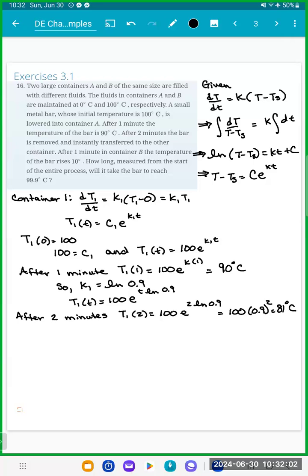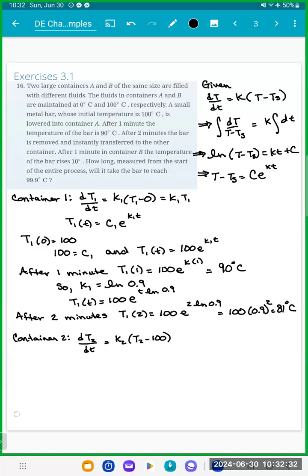Okay. Now let's look at container number 2. In container number 2, so that is dT sub 2 over dt is equal to K2 times T2 minus 100. That is, again, the initial temperature of our second container. Okay.